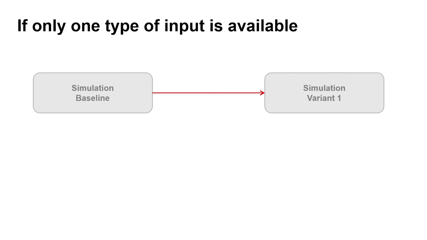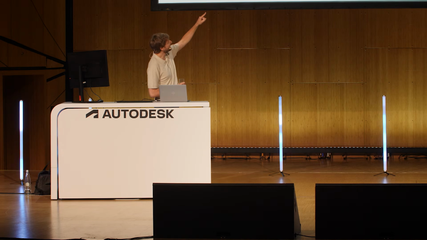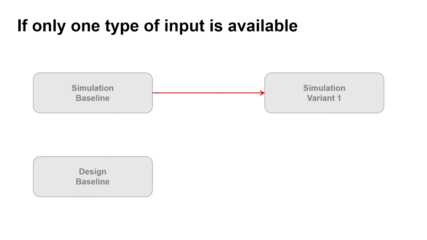And you also have different variants. So maybe not just one variant, 100, 1,000 in Formula One, but you have a transfer function. So the change from the baseline to the simulation variant, this can also be applied to, I just call it design baseline. It's just like an alias model.